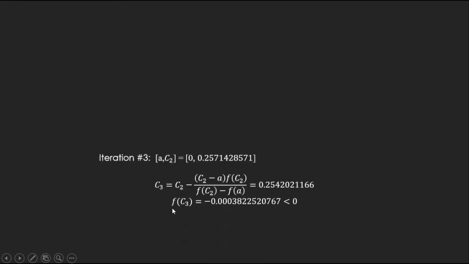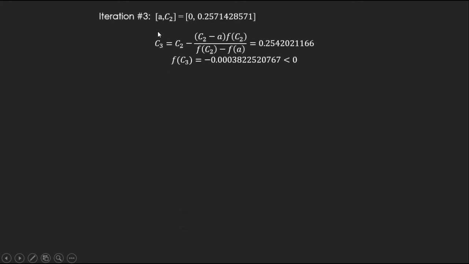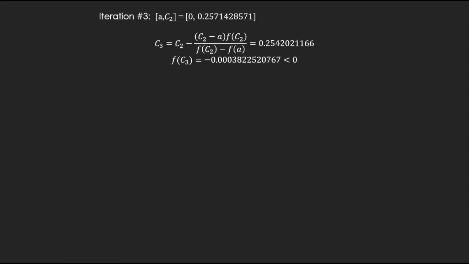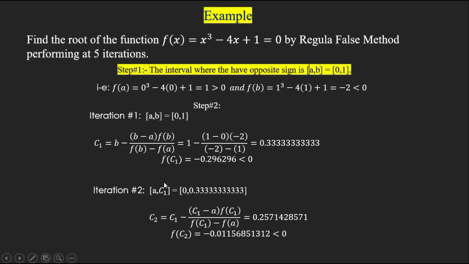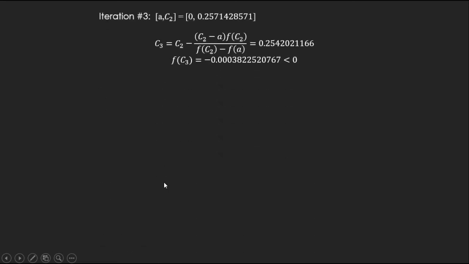So in the next iteration, or in our third iteration, the interval for the third iteration will be A comma C2, and we replace C1 by C2. So after replacing C1 by C2 and substituting the values in this formula, we will get 0.25420211166.